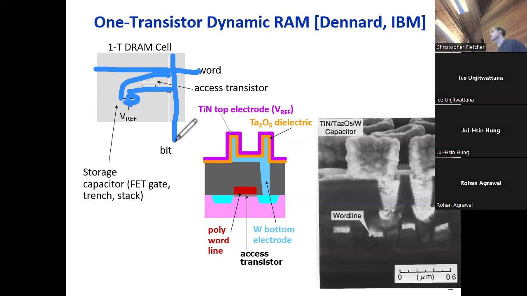So you can think of this as a leaky bucket where the water level is slowly going down, and if we close the access transistor to connect the bucket to the bit line, we're dumping out the charge onto the bit line. And that's going to be what drives the quote-unquote data out signal so that we can get our bit out.